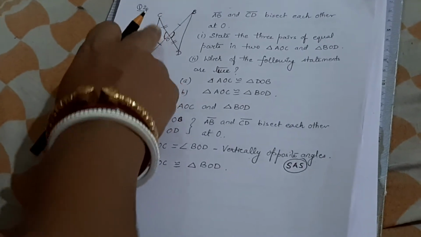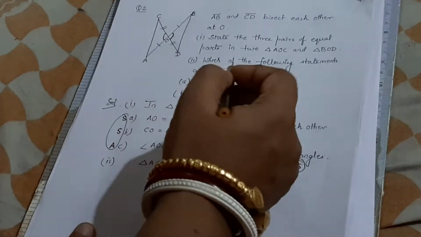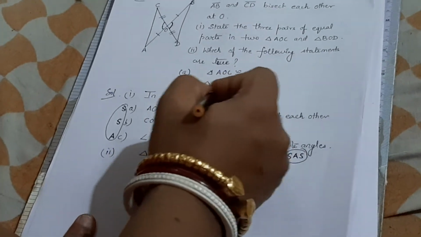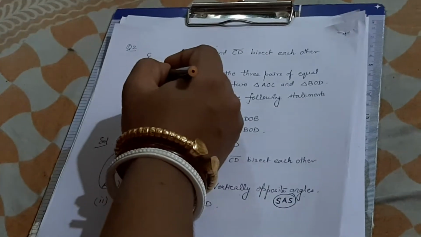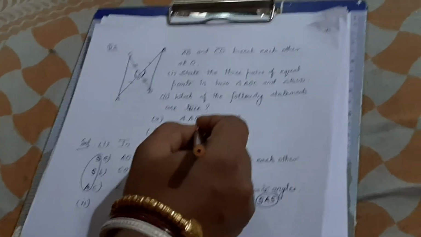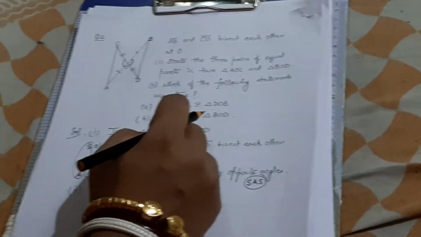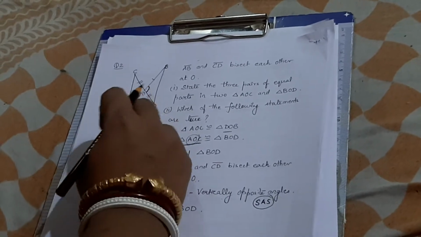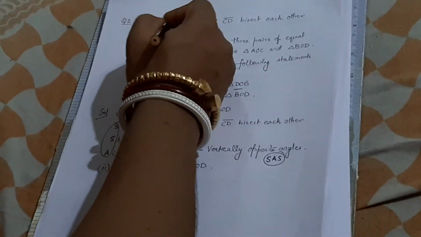The second part is which of the following statements is true? Triangle AOC. Just look at it. With AO, what is matching? Is DO matching? AO के साथ DO match कर रहा है? No. With AO, what is matching? BO.